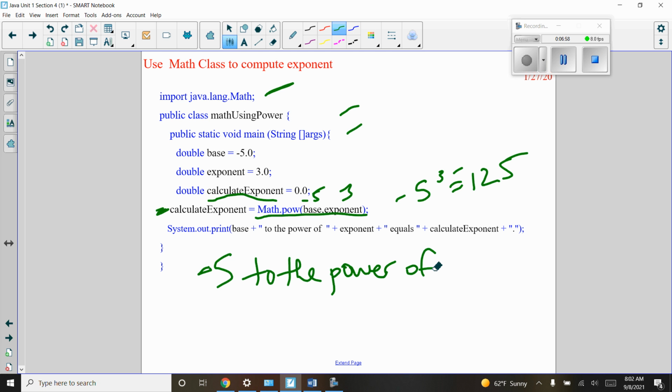That's not in parentheses, so that's the variable. And it would actually print out 3.0. "Equals" is going to print out every time because it's in quotations, then the calculateExponent. And then the period at the end here is in quotation. So that would look like that. That's what would print out on your screen.